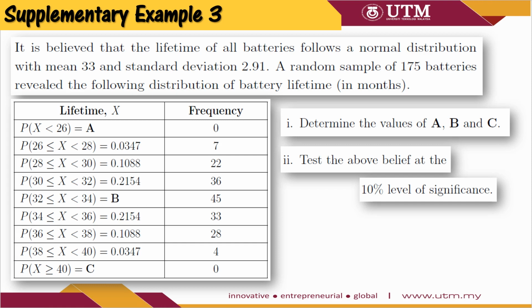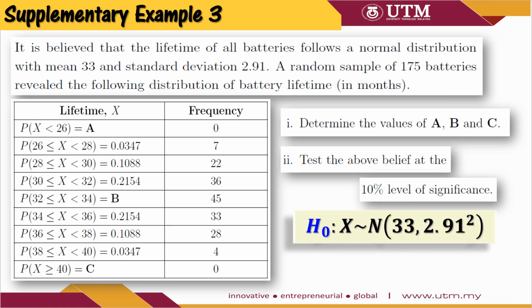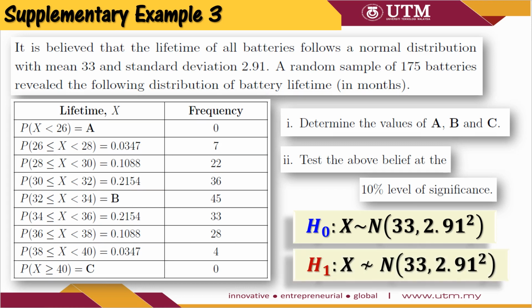Suppose we define a random variable x to represent the lifetime of the batteries. Then under H0, x is assumed to follow a normal distribution with mean 33 and variance 2.91 squared, whereas under H1, x is assumed not to follow the stated normal distribution. Using the distributional assumption under H0, then you can solve the question in part 1 to determine the values of A, B, and C using the same approach that you could have done to find the probability values for any normal random variable.